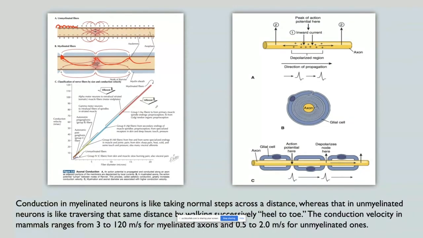Here we have a representation and examples of different types of fibers and their conduction velocity. Below you have the fibers that transmit more slowly. Here we have the velocity, and here we have the diameter. Fibers with a very small diameter will conduct very slowly, while fibers with a large diameter will conduct very fast.